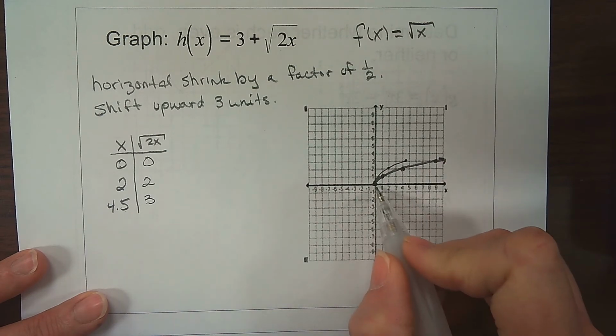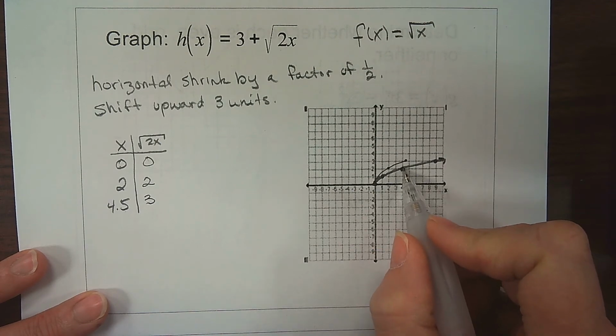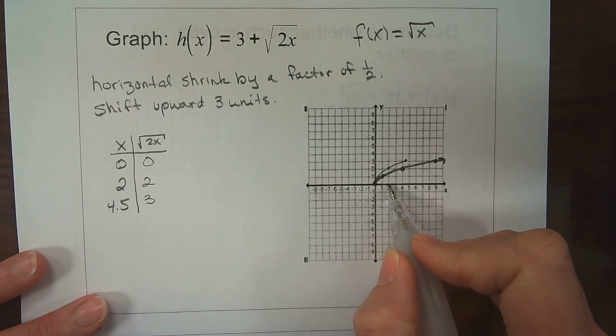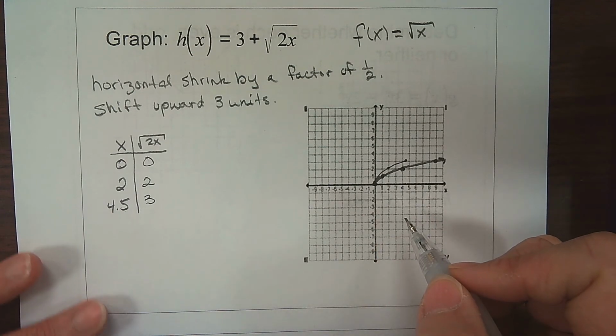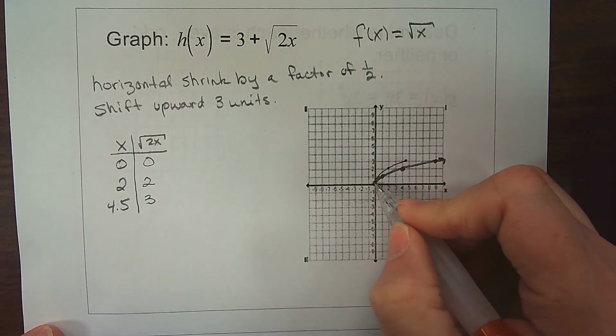So where normally I would have said for the parent function, I'm moving 4 units over and 2 units up, now I only had to move 2 units over to travel that same amount 2 units up. That's how it fits the idea of being a horizontal shrink.